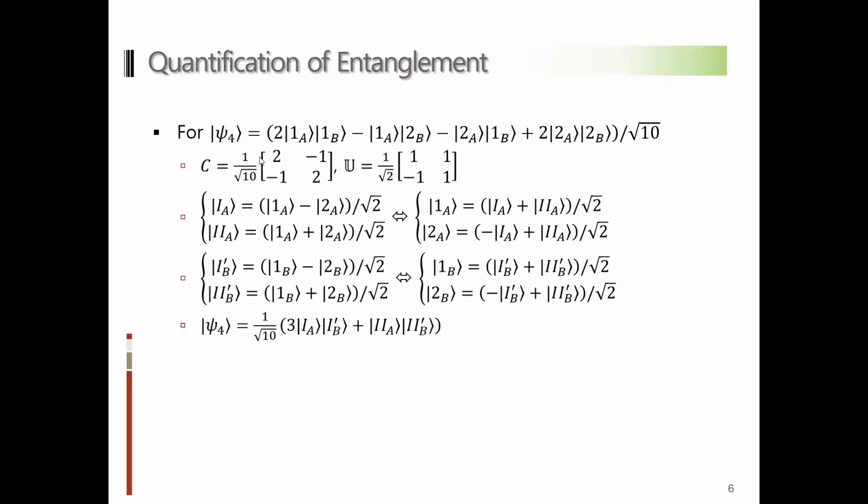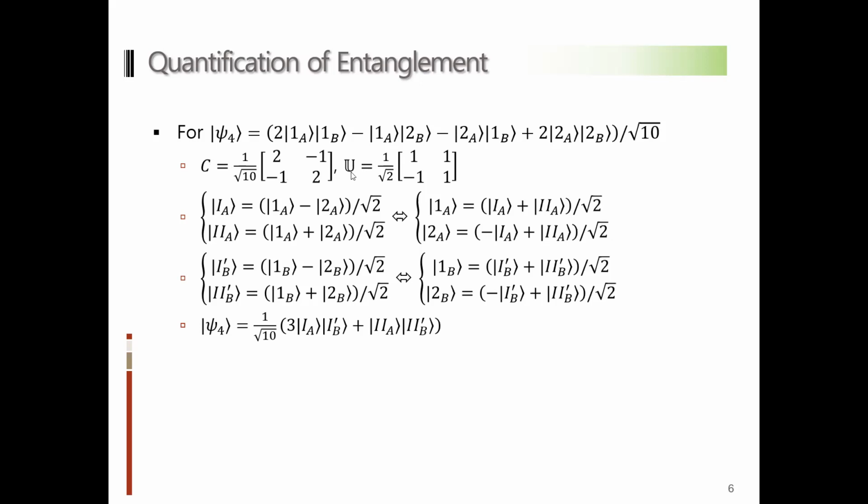Because this new matrix turned out to be a Hermitian matrix, I realized that I can diagonalize it, and this was the unitary matrix I needed to convert this one into the diagonal matrix.